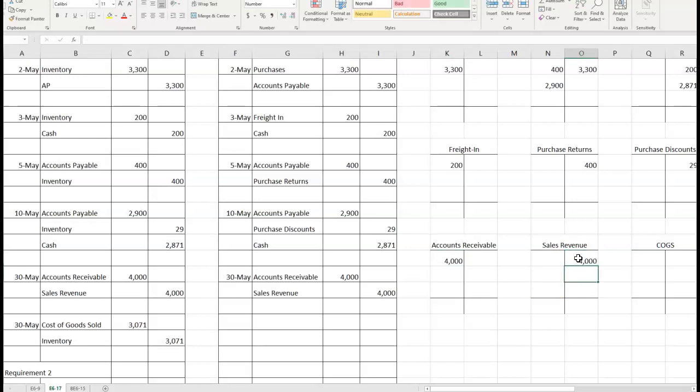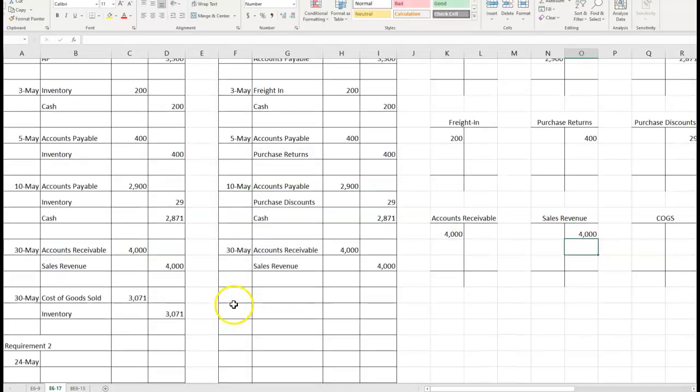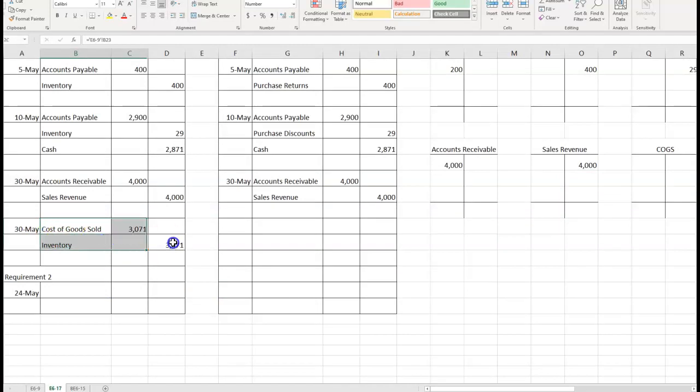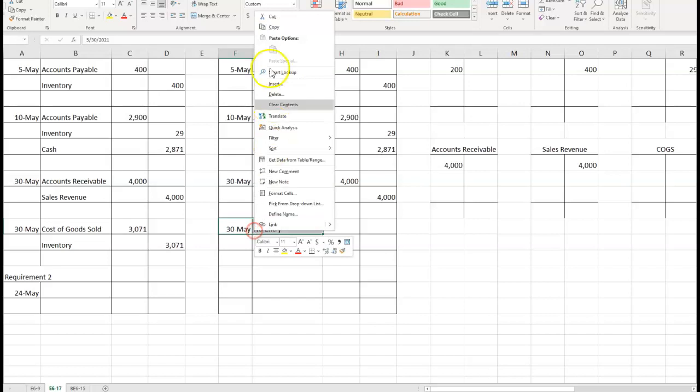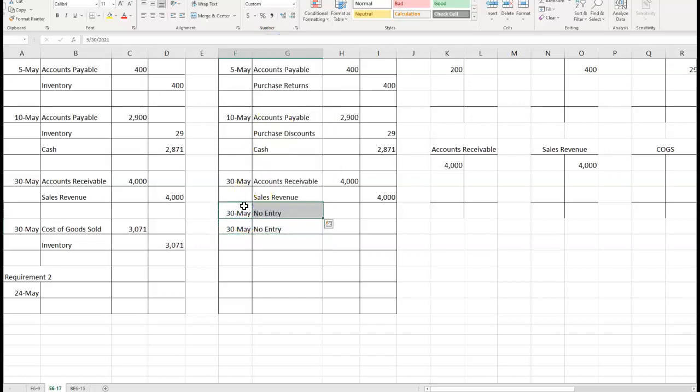Posted to the T accounts. Do we do this cost of goods sold in inventory? No. So on 5/30, the second one, no entry. Because we're not tracking cost of goods sold in inventory as we go. And I think I'm going to move this up one so we have room for this other entry.